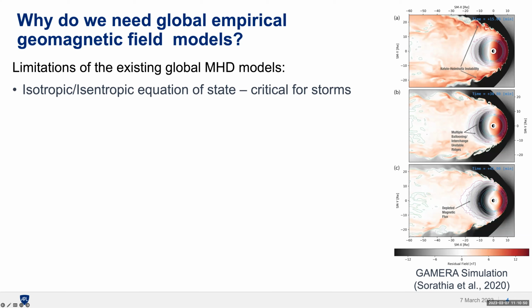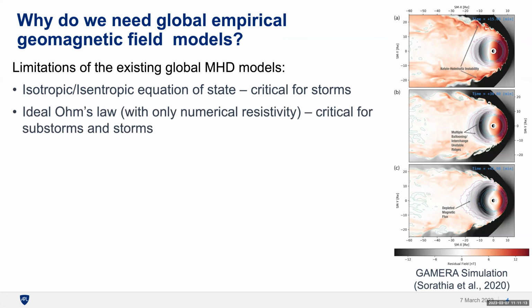One is the isotropic or isentropic equation of state. Basically, the equation of state in MHD models can't account for the particle gradient curvature drifts that really form the ring current during storms. That's why they have to be coupled to kinetic models, such as the RCM model in the inner magnetosphere.